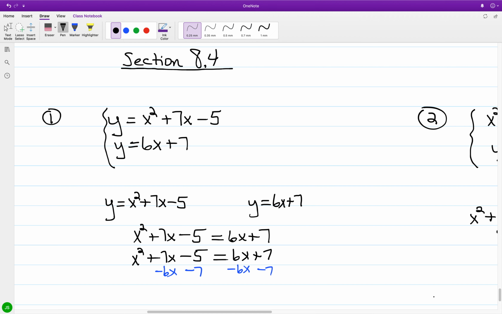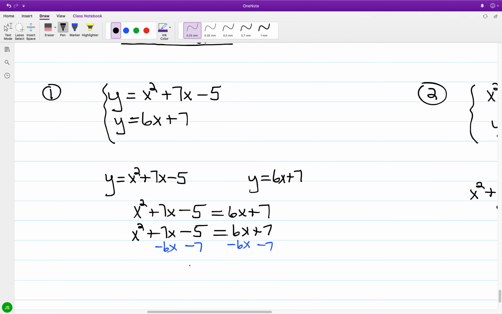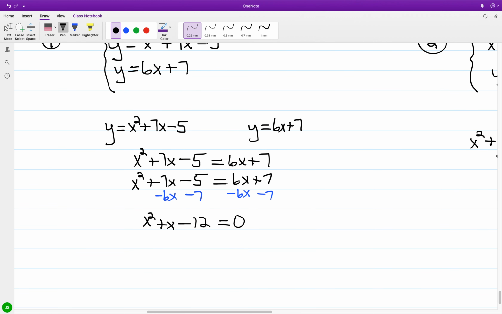So in the rewrite, I have x squared plus x minus 12 is equal to 0. For x squared plus x minus 12 equal to 0, we're going to have a couple of expressions in x. So we have the quantity x plus 4 times x minus 3 is equal to 0.